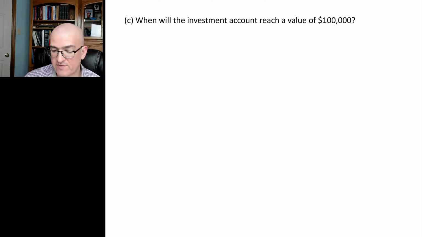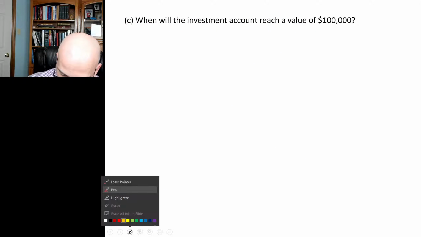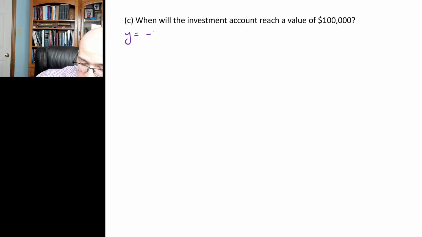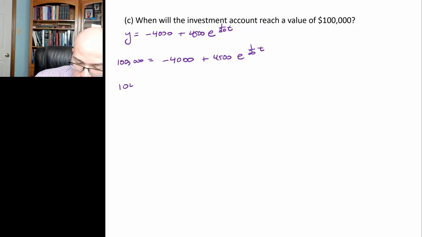Okay, and then how long will this investment account take to reach $100,000? So we found y is equal to negative 4,000 plus 4,500 times e to the 1 over 20 t. So this time I'm setting 100,000 equal to that. Okay, so 104,000 equals 4,500 times e to the 1 over 20 t.